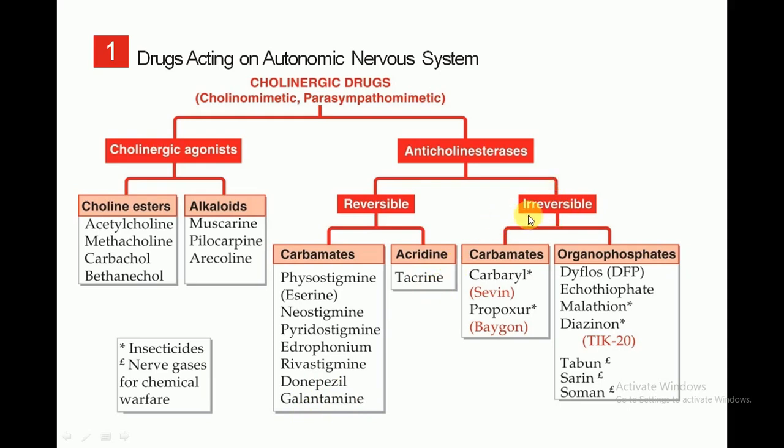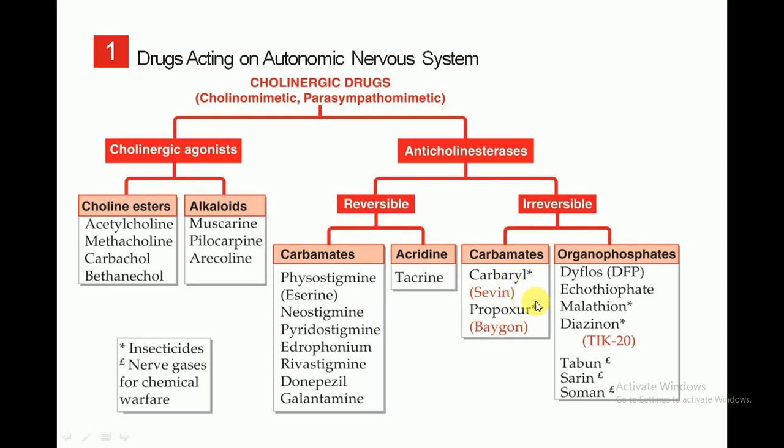The irreversible anticholinesterases are carbamates and organophosphates. The irreversible carbamates include carbaryl, which is available in the market under a trade name, and propoxur, which is also available under a trade name.